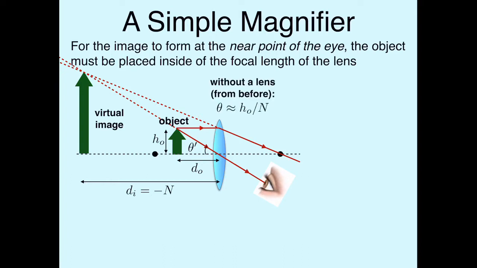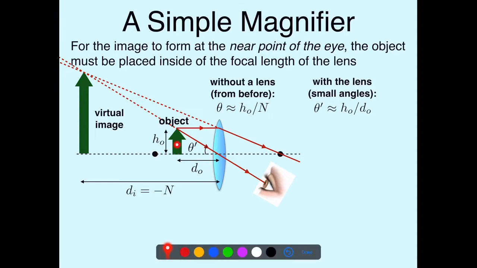But as before, theta, which is the angle without the lens, just with the naked eye, is equal to HO divided by N. So if we want to know the angle subtended by this virtual image that the lens forms, that's theta prime, according to the diagram, that's just HO divided by DO, again, assuming small angles.